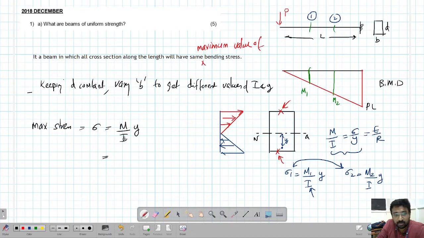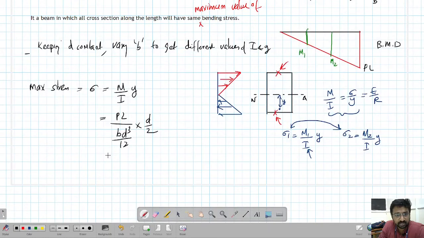The maximum moment will be P into L. I will be bd cubed by 12. Y will be d by 2. So this gives me maximum stress P into L upon bd squared into 6. So 6PL upon bd squared will be sigma maximum. So the maximum stress at this location will be 6PL upon bd squared.